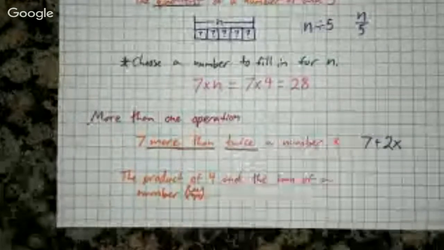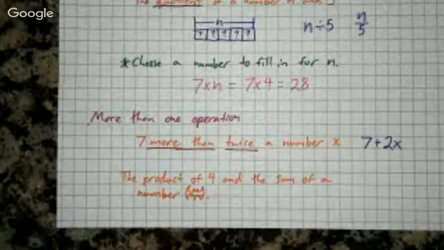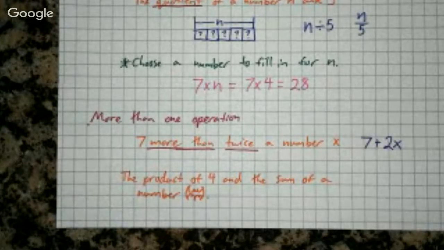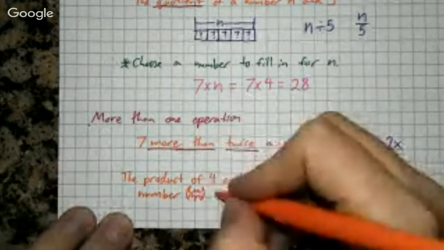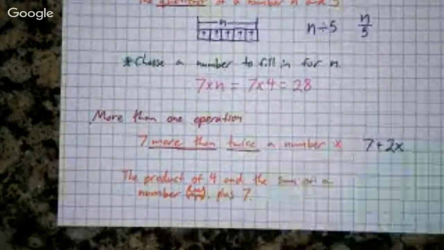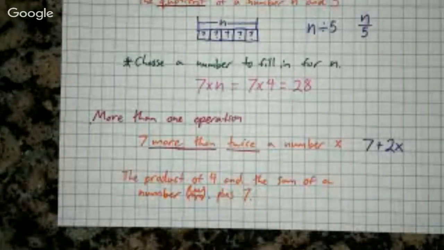So now I'm looking for the product of 4 and the sum of a number, bat symbol. Oh, I'm sorry, I didn't finish it. I only did one operation. The product of 4 and the sum of a number, bat symbol, plus, let's say 7. There we go. The product of 4 and the sum of a number, bat symbol, plus 7.